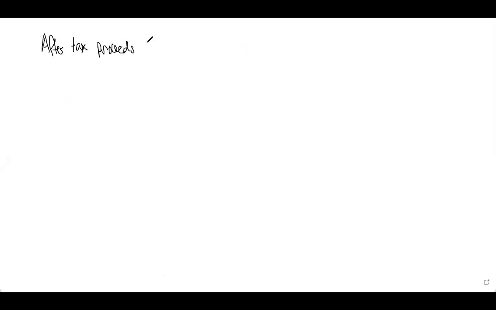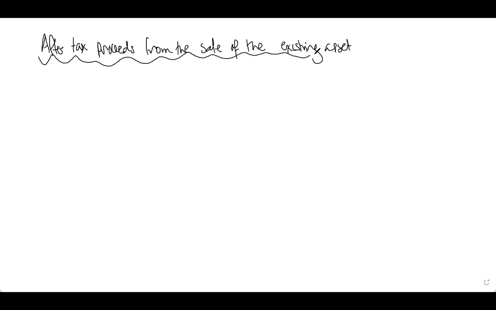After-tax proceeds from the sale of the existing asset. Remember, to purchase the new asset, you need to sell the existing assets to finance your purchase of the new asset.